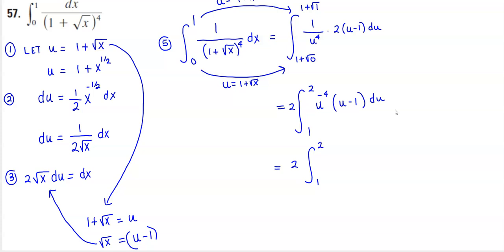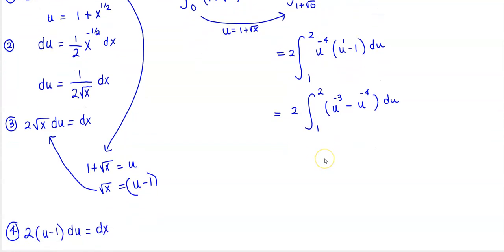Remember, when you multiply the same base, you add your exponents. So negative 4 plus 1 is negative 3. So we're going to have u to the negative 3 minus u to the negative 4 du.